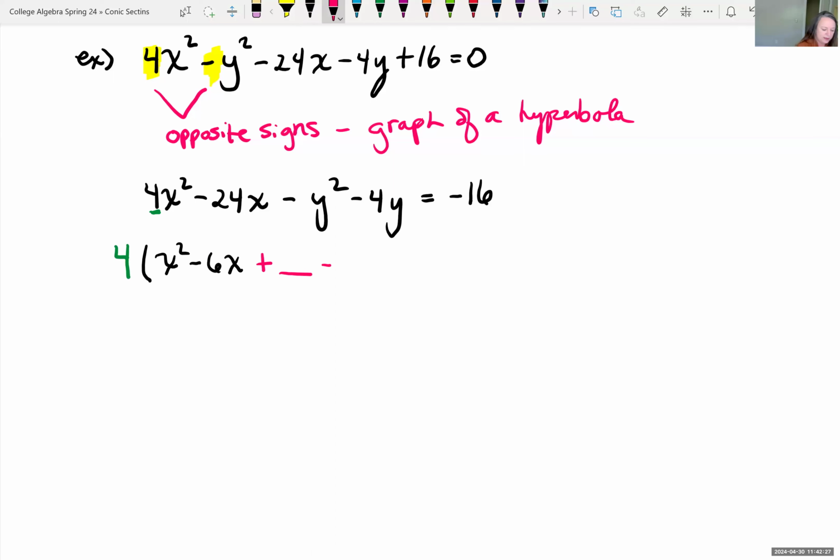For now, actually, let's go over here, and then we'll talk about what we're going to do to the other side to make it equivalent. Over here, we need to factor the -1 out of our y terms. So if I pull a -1 out of the y terms, I'm left with y squared plus 2y. And I'm going to add something in here also to make this a perfect square.